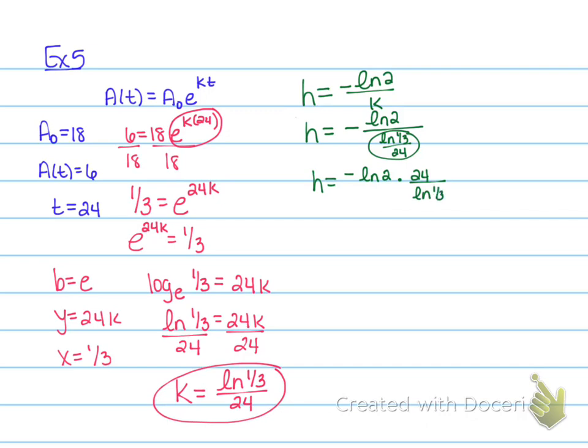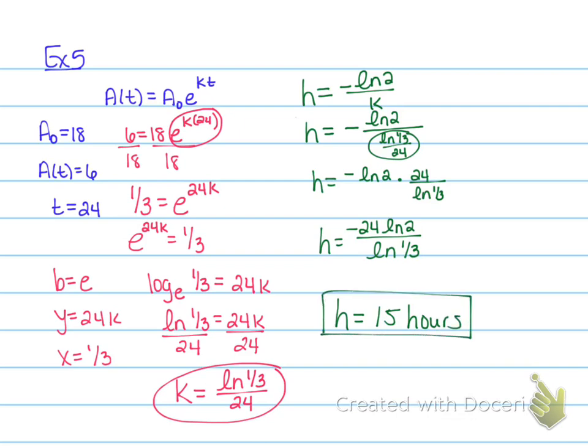I think if you look in the teacher notes, they don't write it as natural log of 1/3, but that's okay, we get the same answer. When I multiply straight across, I have negative 24 natural log of 2 divided by the natural log of 1/3. When we put this in our calculator, we should find that h is approximately 15 hours, which means that 15 hours would be our half-life.